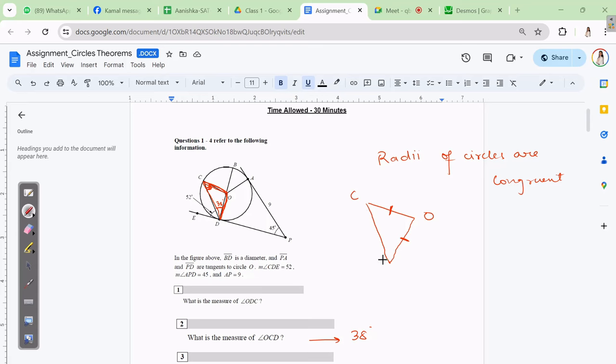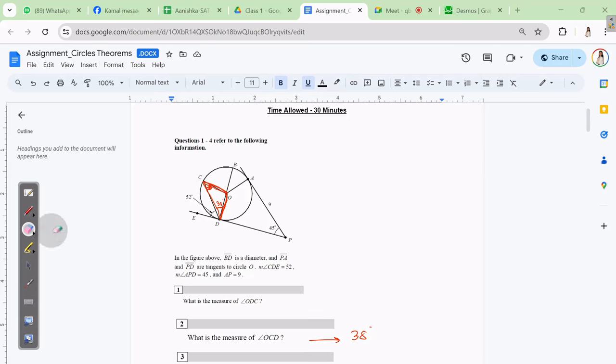You have this OCD, and OC and OD are both radii, so they are congruent. So this triangle becomes an isosceles triangle, right? And in isosceles triangles, the angles opposite to the congruent sides are also congruent. So this angle would be congruent to this angle. And that's why this is 38, so this will be also 38. Okay? So here in this question, two concepts were clubbed, concept of circles and concept of triangles.